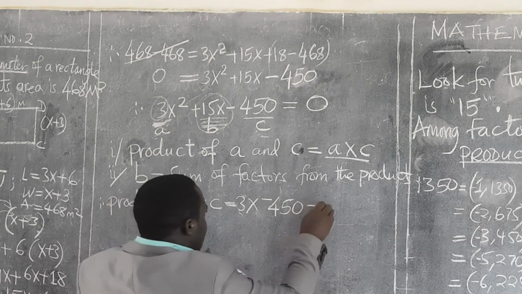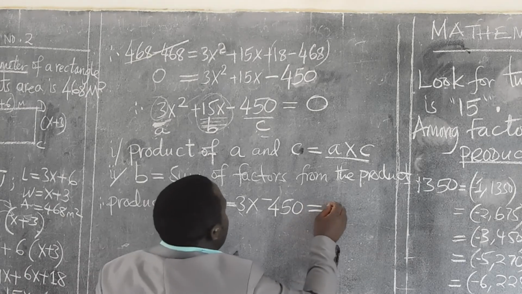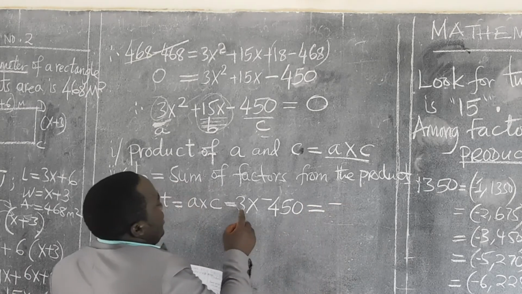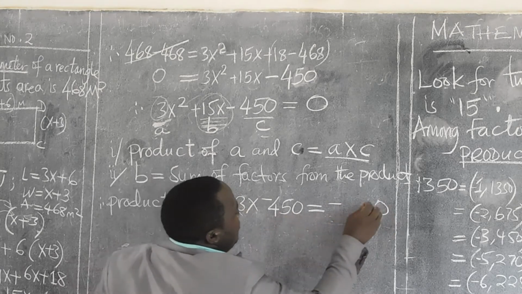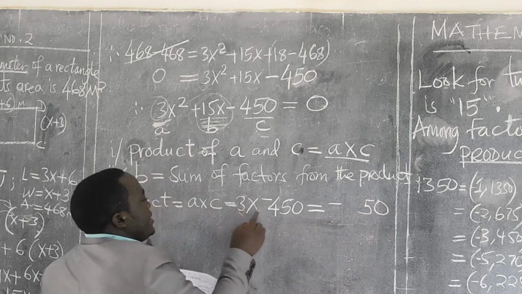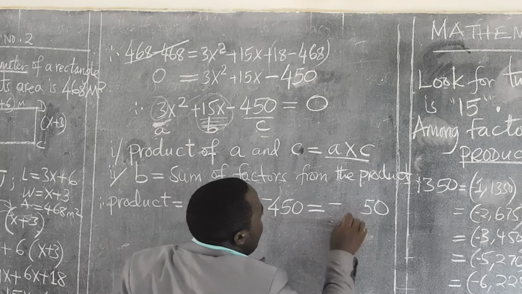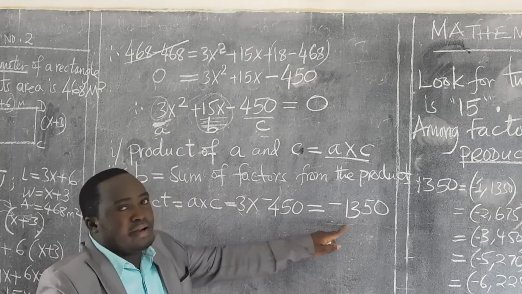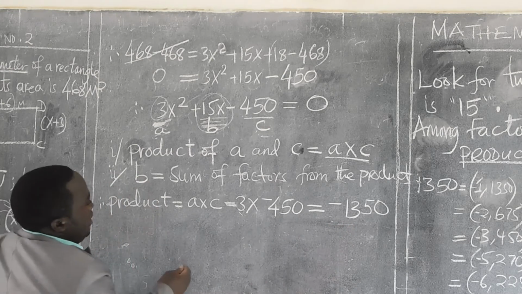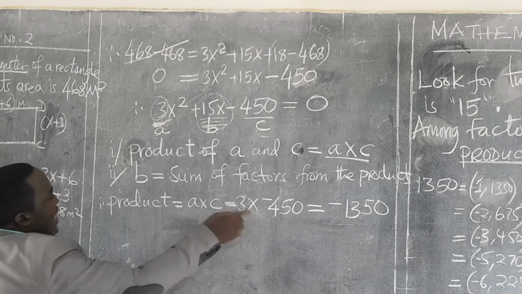We get the product: 3 times 0 is 0, 3 times 5 is 15, carry 1, 3 times 4 is 12, plus 1 is 13. So the product is negative 1,350.